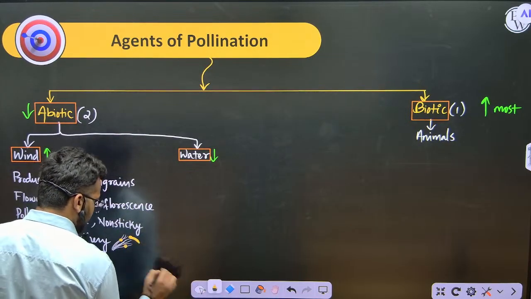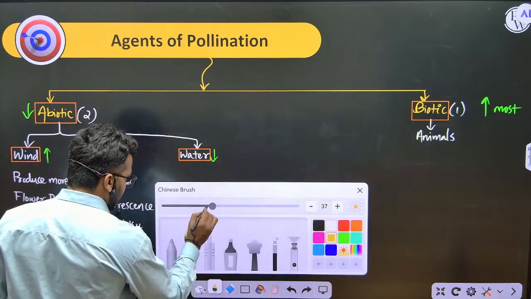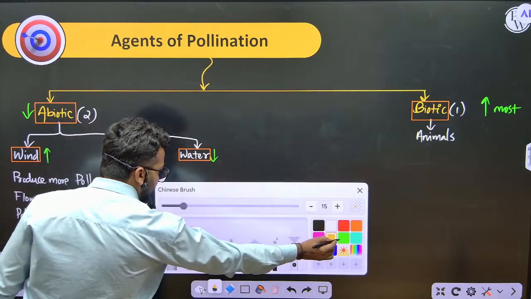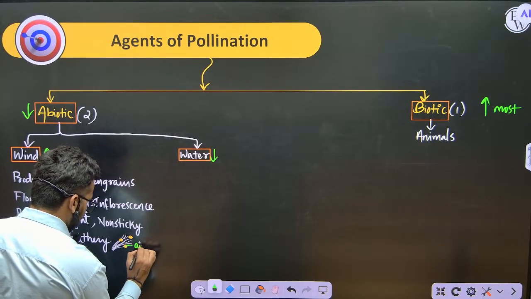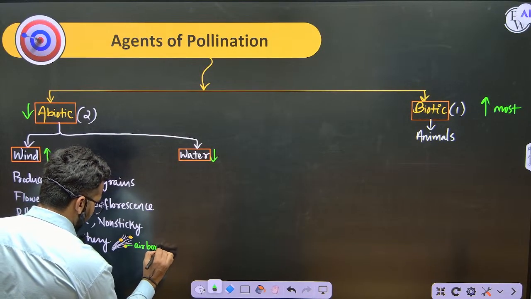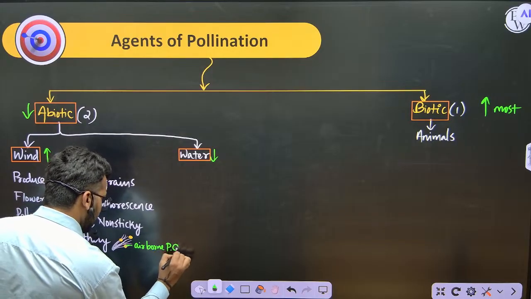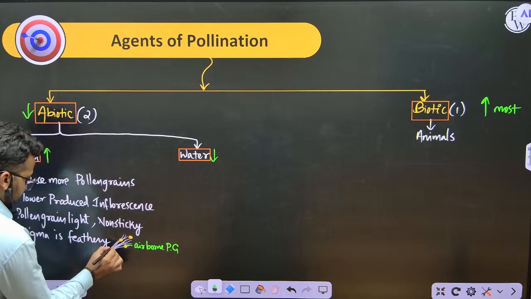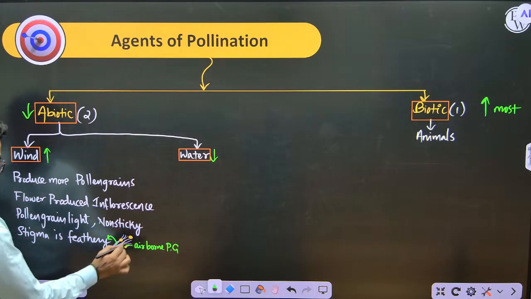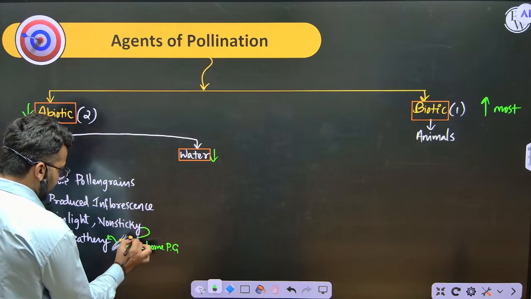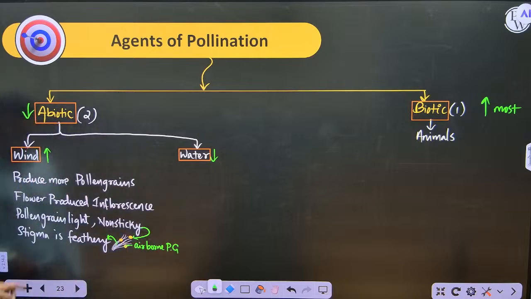These are airborne pollen grains. The stigma is feathery and stiff, and the pollen grains are non-sticky and lightweight.